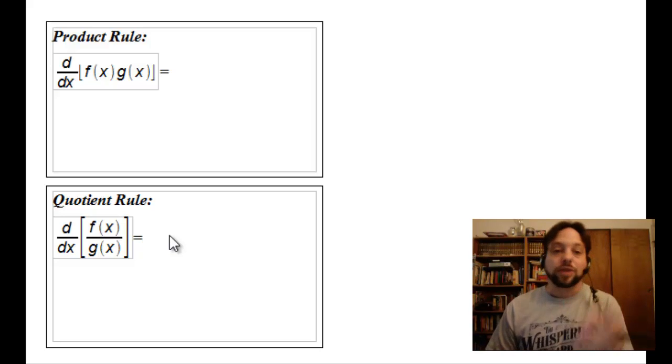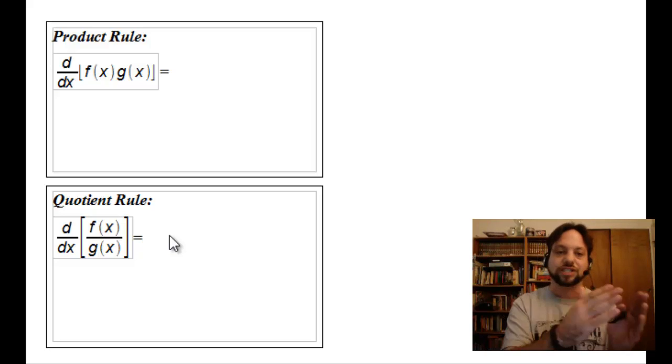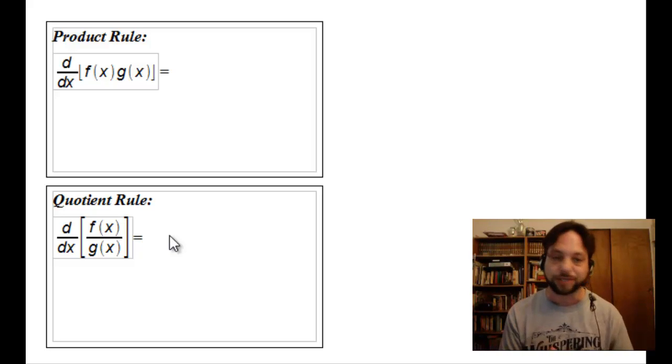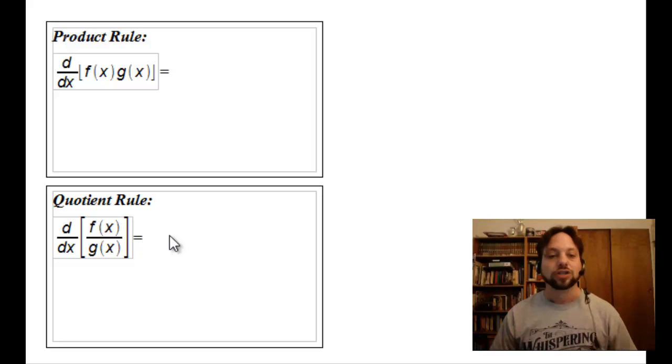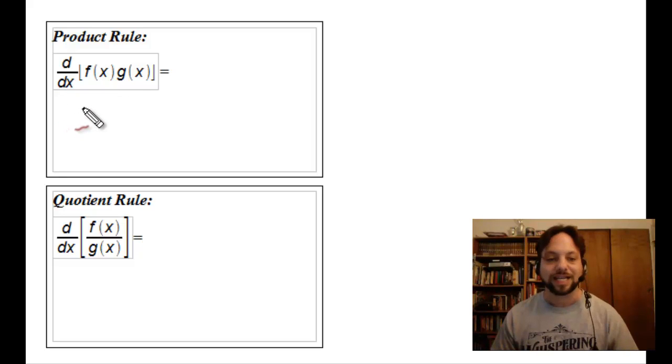You might think maybe we could do the same thing that we did with the sum and difference rules, where we just differentiate each function separately, but that doesn't apply when the two functions are multiplying. So let me just go ahead and run the product rule by you. If we are differentiating a product of two functions, all we really need to do is let each of the functions take a turn being differentiated.